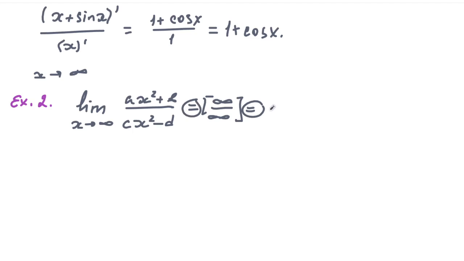Use the rule of L'Hopital. We have limit as x approaches infinity. The derivative of ax squared plus b is 2ax, the derivative of cx squared minus d is 2cx. And we have just a over c, because we can cancel 2x out in our ratio.